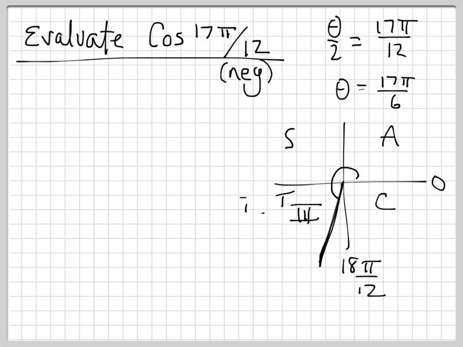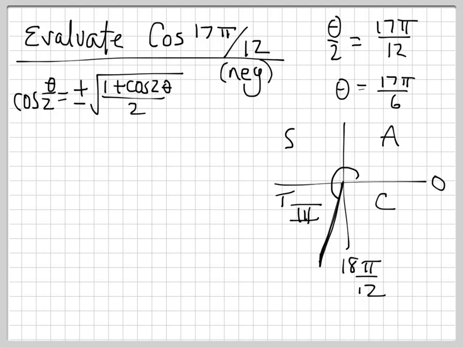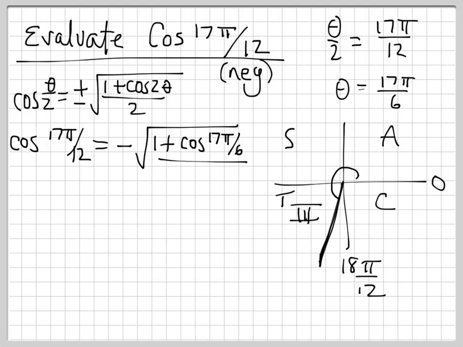And let me go ahead and make some more room there. We have cosine of theta over 2 is plus or minus the square root of 1 plus cosine of theta all over 2. And so cosine of 17 pi over 12 is, for us, remember it's negative, so we keep only the negative sign, 1 plus cosine of 17 pi over 6 over 2.